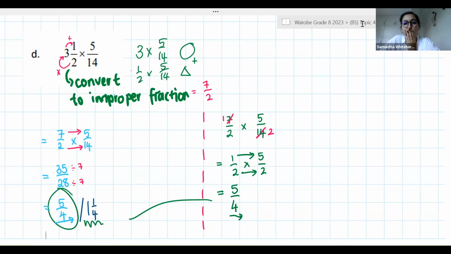Ma'am, may I please ask, what we do on the top, must we do on the bottom? That really only applies when you're adding or subtracting fractions.